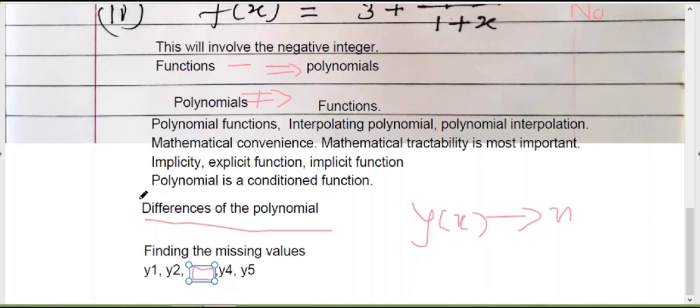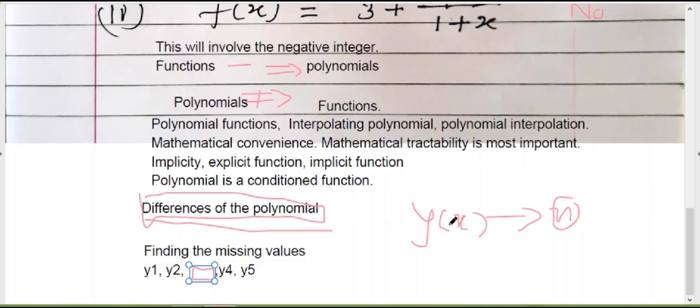So these fundamental differences of the polynomial: we talk about the first difference, the second difference, the third difference, the (n minus 1)th difference, the nth difference. Then can we go for the (n plus 1)th difference or not? And what will we get after taking the nth difference? If the degree is n, is the nth difference allowed or not? And if it is allowed, then what value do we get? And if it is not allowed, then what value do we get?